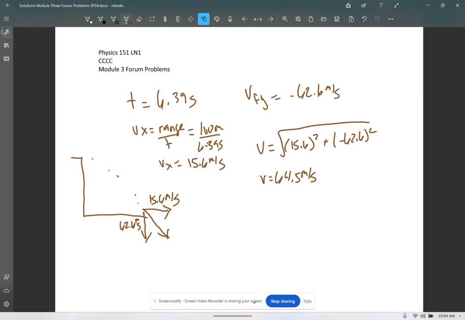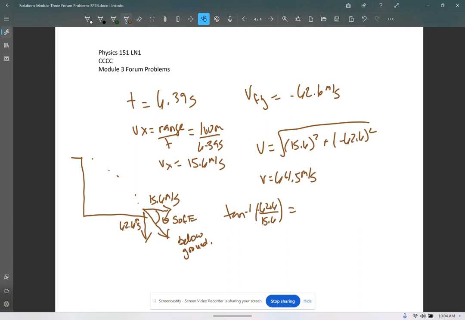I could take this one step further and give the direction of this if I want to. The direction would be tan inverse of 62.6 divided by 15.6. I could put the negative in there if I want to, but I know that it's down in the fourth quadrant. I'm just going to describe this as south of east or below the ground, just for argument's sake.